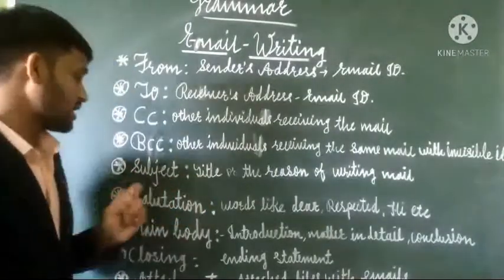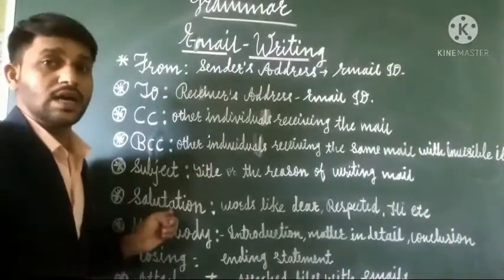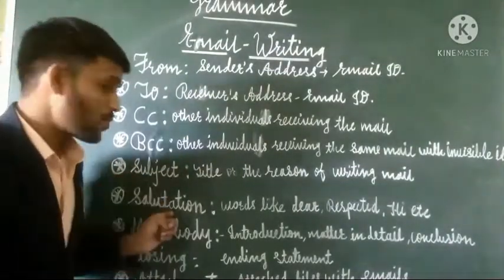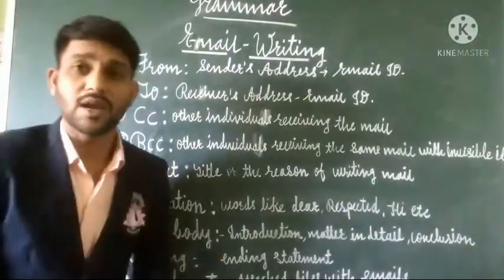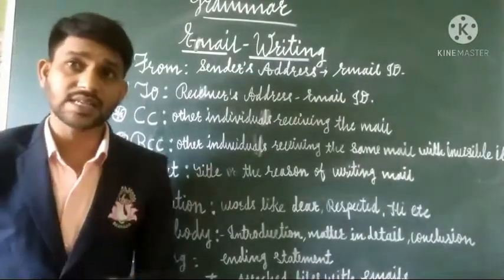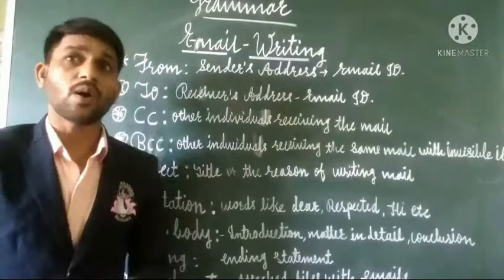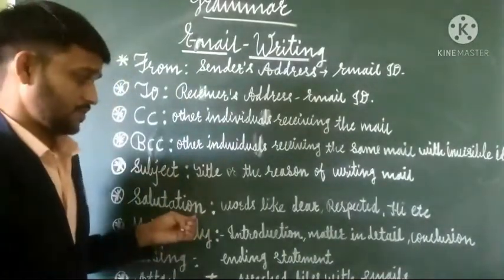And the next part that comes is the salutation. As we have seen salutation in letter writing, in the same way we can write the salutation in email writing too. Both formal and informal salutations can be used.